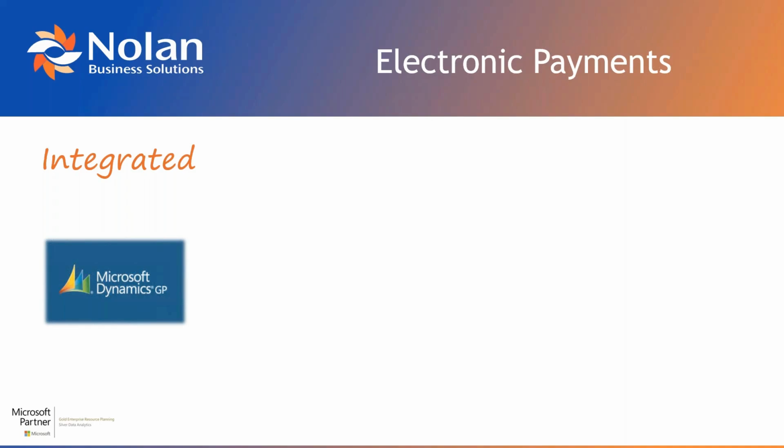So when we talk about Nolan's electronic payment, there are really 3 keywords that I want to drive home here today. First, we are an integrated solution. We're fully integrated into the Dynamics GP platform, to the extent where we're extending the functionality available with the current EFT module, and our own process is incorporated into the current Dynamics GP check printing and EFT payables process.